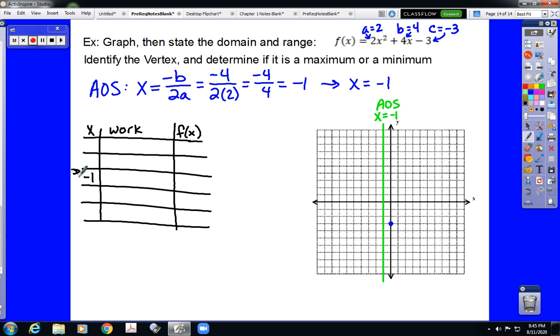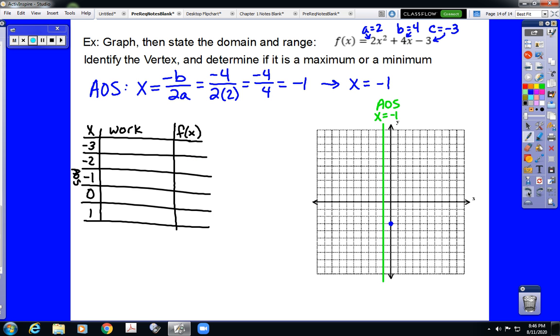Okay, your axis of symmetry goes in the 3rd row. That means we're going to be using -2 and -3 above that x value, and we're going to be using 0 and 1 down below. Now once again, we already know that 0 is related to -3, which means -2 will also be -3. Now if you don't see that, not a big deal.